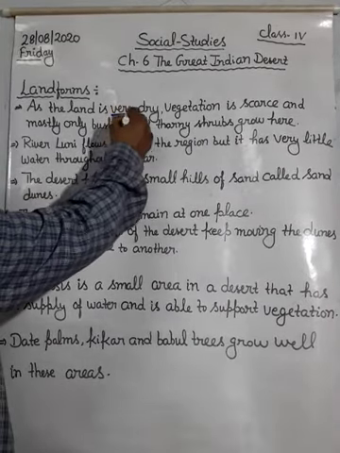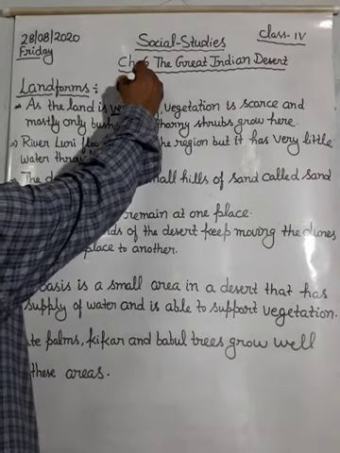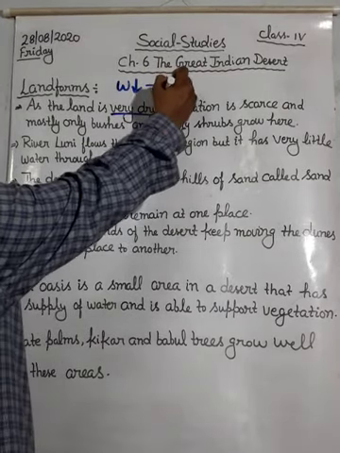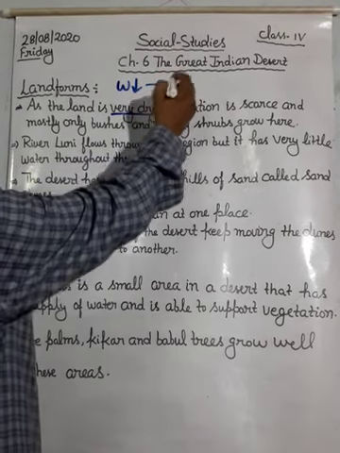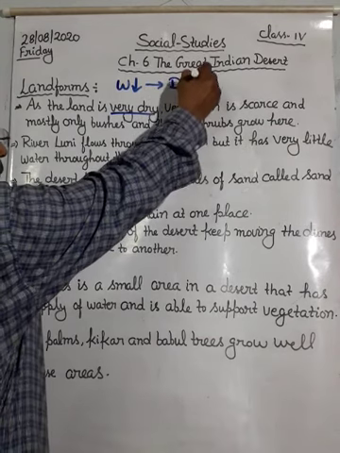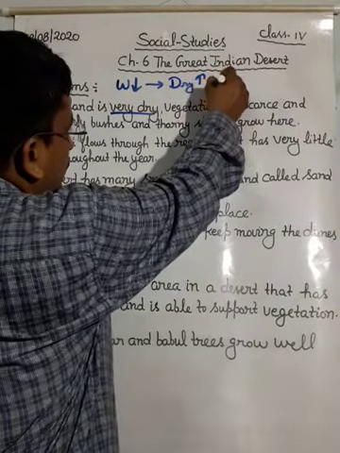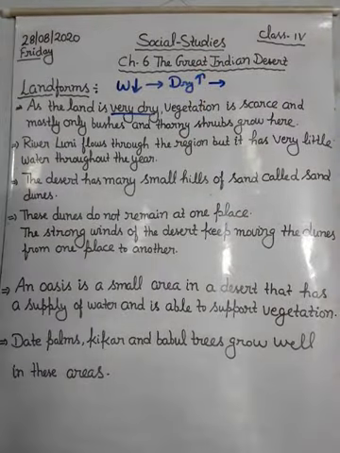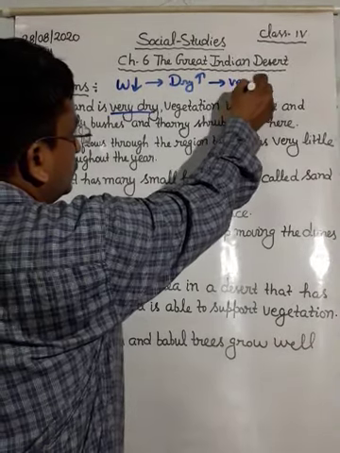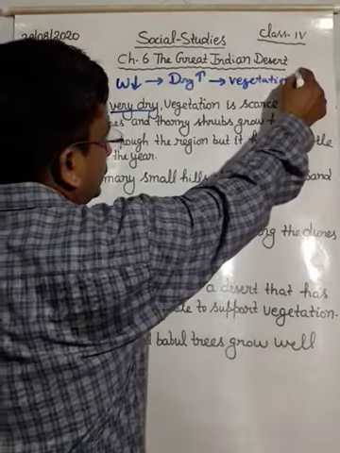When there is no water or less water, there will be a condition of dry land, and when the condition is dry, there will be no vegetation.